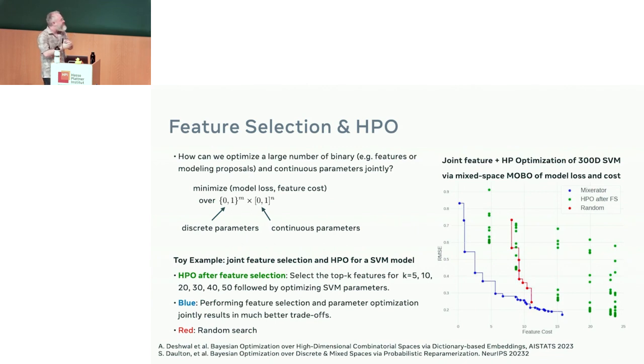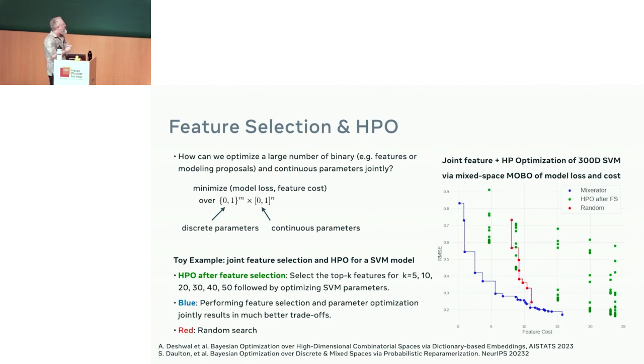So it's this mixed search space. And so the goal is to get rid of as many features as possible to reduce the cost, and also select the hyperparameters that allow you to do that.